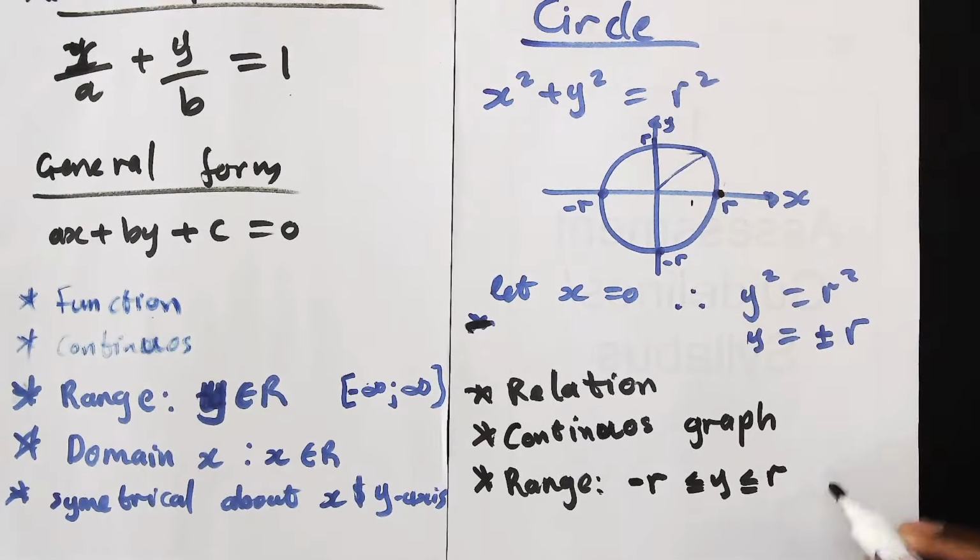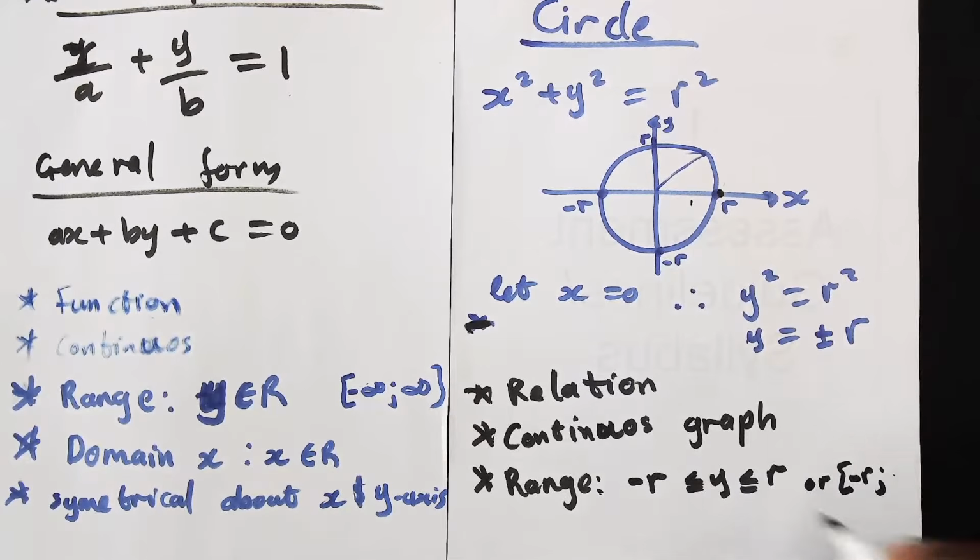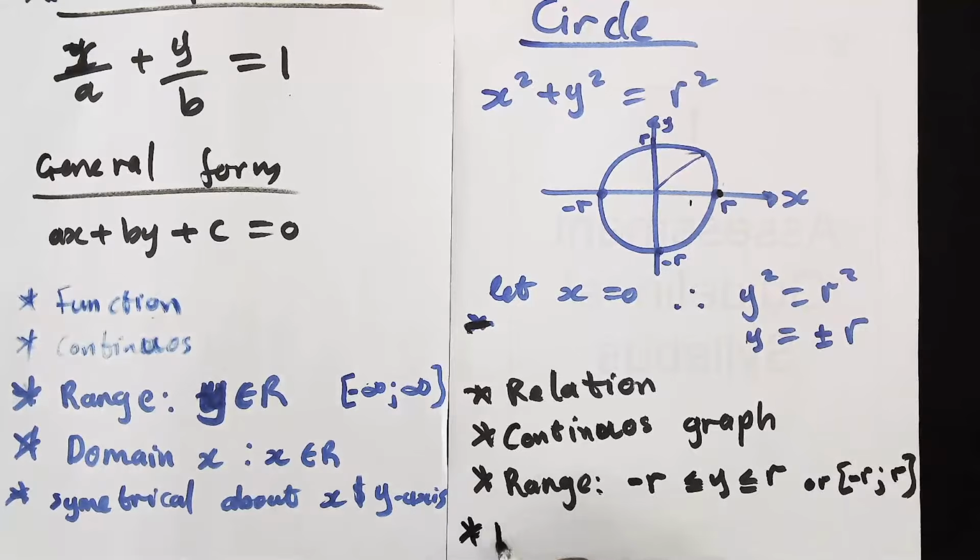Sometimes you can express it with square brackets, negative r to positive r, but you must specify y, the range. That is the range. And then the domain.